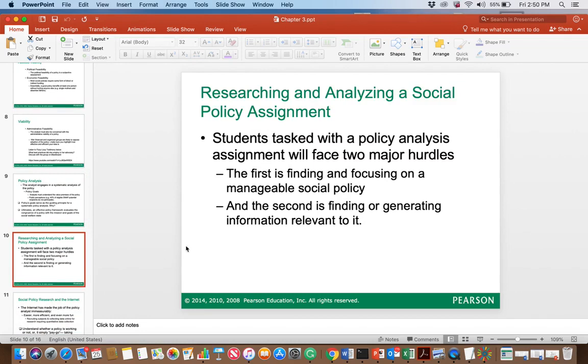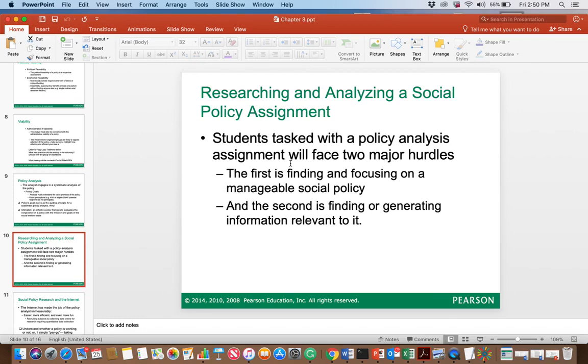Researching and analyzing social policy assessments. Students tasked with policy analysis, and that's very important for you to understand, will face two major hurdles. This is what you're going to face when you're analyzing your policy. One, finding and focusing on a manageable social policy. Sometimes a social policy has been in existence for 10, 20, 30, 40 years, and there's a lot of information.